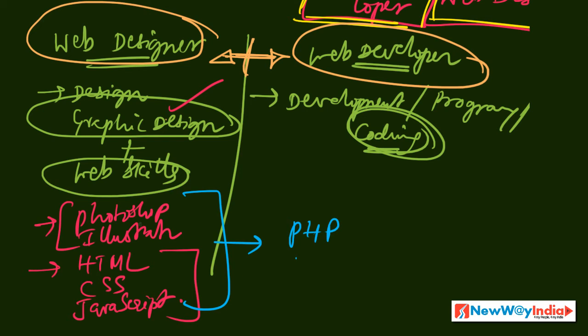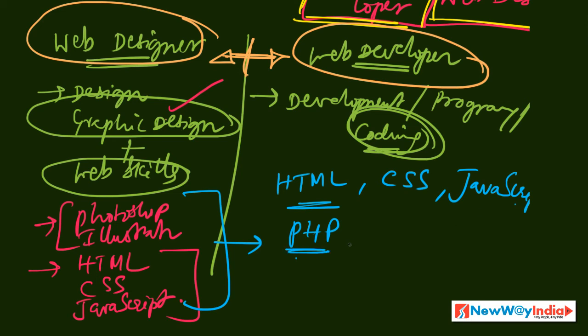Even web developers sometimes need to know HTML, CSS, JavaScript. If you are a 100% web developer, you don't need to know graphic designing skills, but you need to know HTML, CSS, JavaScript.